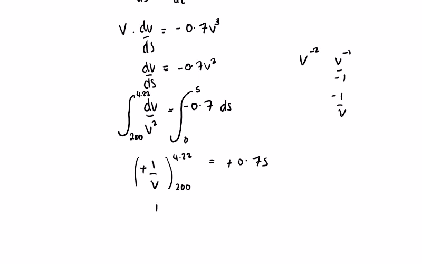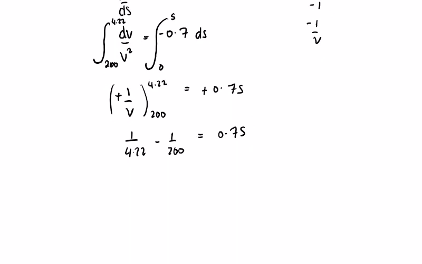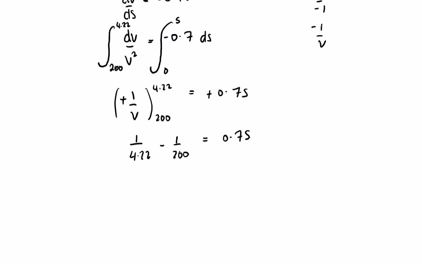So I'm going to have 1 over 4.22 minus 1 over 200 is equal to 0.7 s. So if I just type this into a calculator and divide by 0.7, 1 over 4.22 minus 1 over 200 divided by 0.7, I'm going to get 0.331 to 3 decimal places, and that will be in meters.